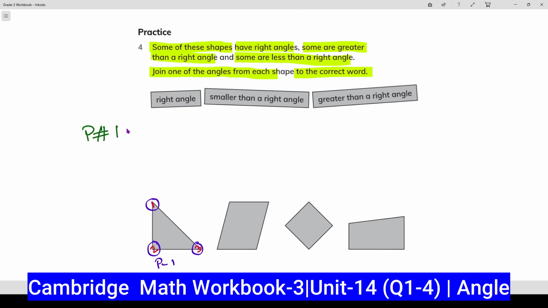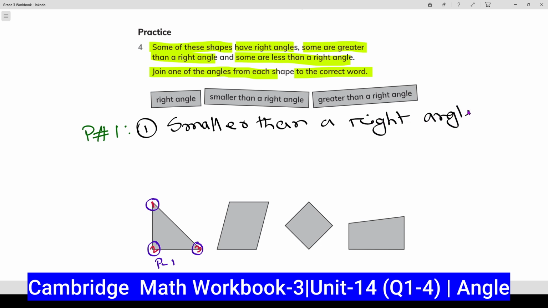Photo 1. Number 1 is smaller than a right angle. Second, mark 2. This one is a right angle.